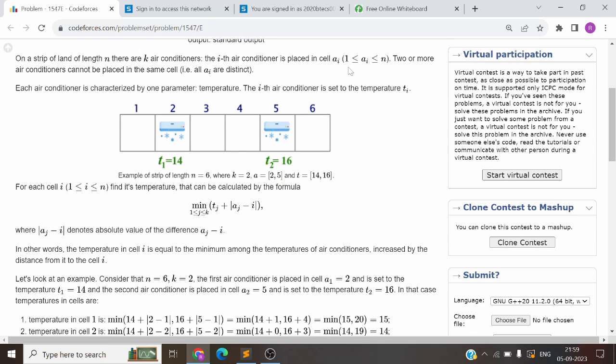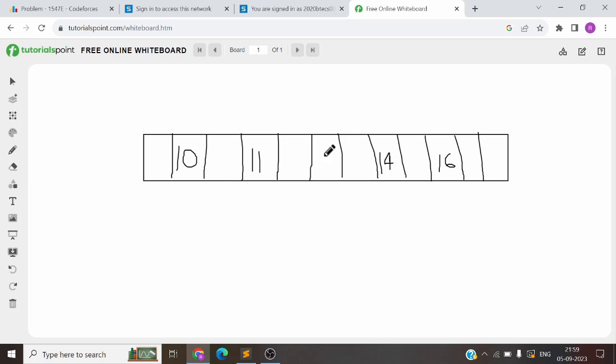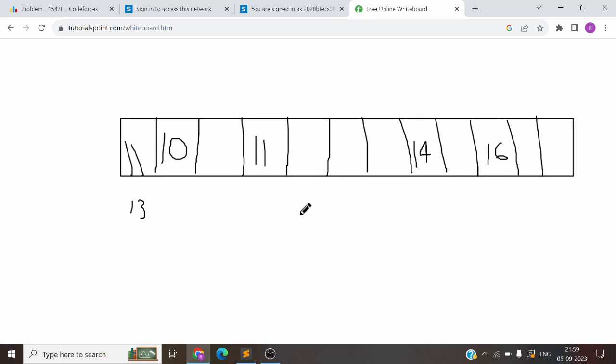Let's take the example better on a whiteboard. Here you can see there is an AC with temperature 10. This AC will provide a temperature of 11 here. This AC will provide a temperature of 13 here. This AC will provide a temperature even more than 13.